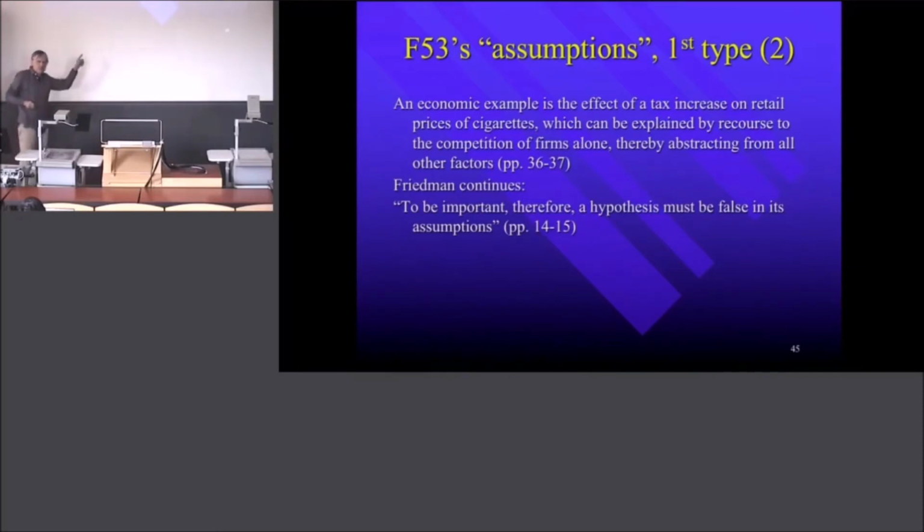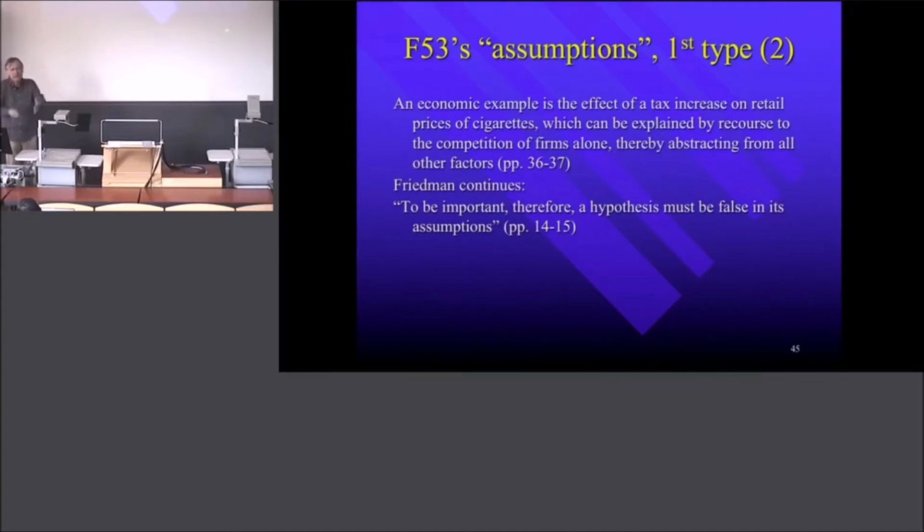Namely, the assumption being the firm is in perfect competition, which is false. But with the as-if, the firm behaves as if it is in this situation, then you get by this very simple hypothesis an explanation for the behavior of the firm, right? And you have abstracted from everything that's not really so important.